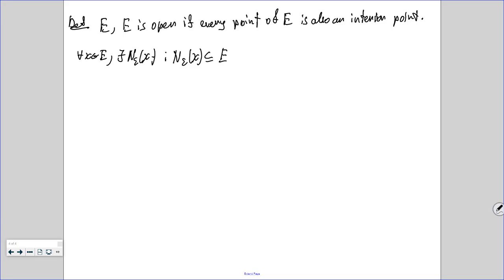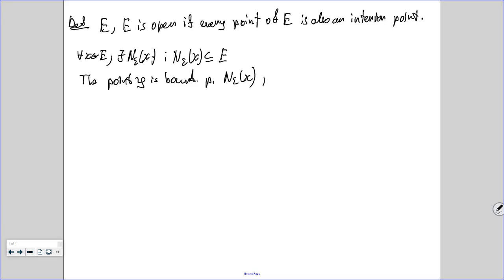Since remember, the definition of a boundary point: let's say y is a boundary point if for every neighborhood, there are points that belong to E, and also there are points that belong to the complement of E. Therefore, a set is not open if it contains points which are not interior.